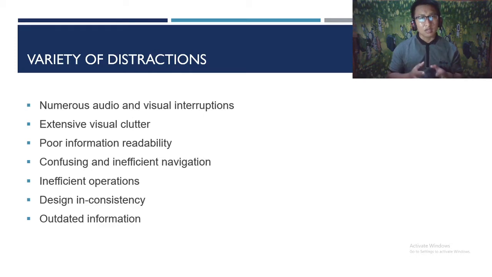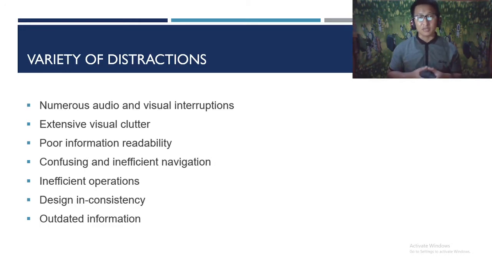So if your text is not properly concise, or the texts are very small, which makes the user unable to read properly, that can irritate the user. So we should properly design our application or screen so that all users can read and understand what they are reading. That is very important.